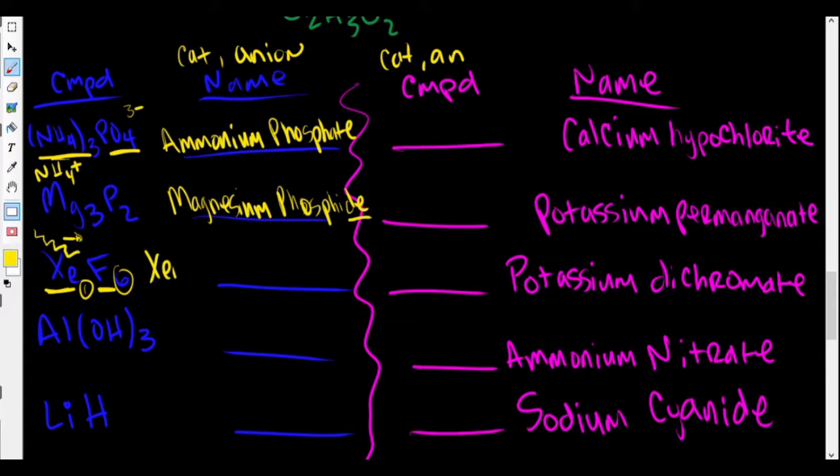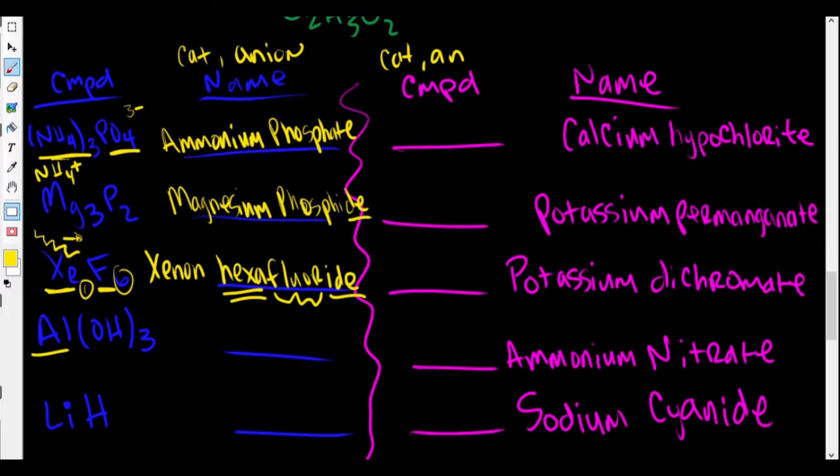So just xenon, and then the prefix for 6 is going to be hexa, and then just the root, remember the root, FLUOR, and then the IDE for naming. So this was your root, this is your prefix, and this is the IDE ending. This didn't need a prefix, so it's xenon hexafluoride.